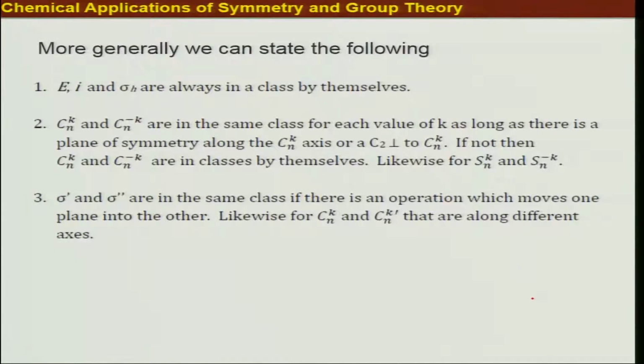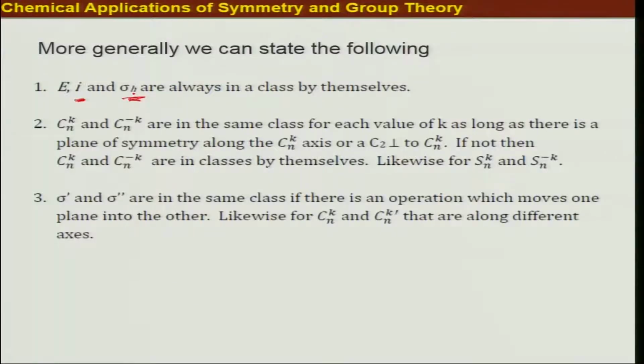So one we have already seen using the abstract group is that identity forms a class by itself. There are certain other symmetry operations which are the elements of the point group. They can also form a class by themselves. One example is identity, which we have already stated, and inversion and sigma h plane.